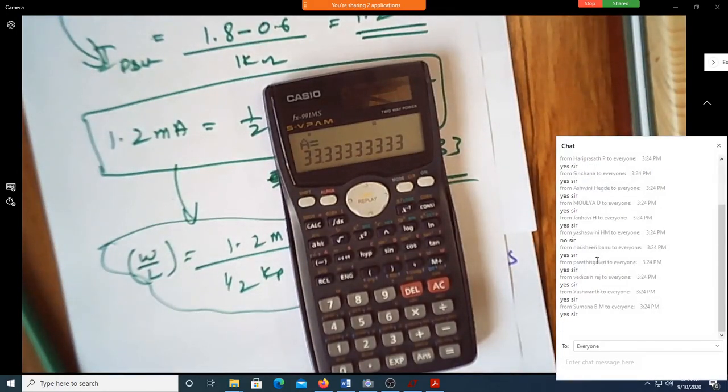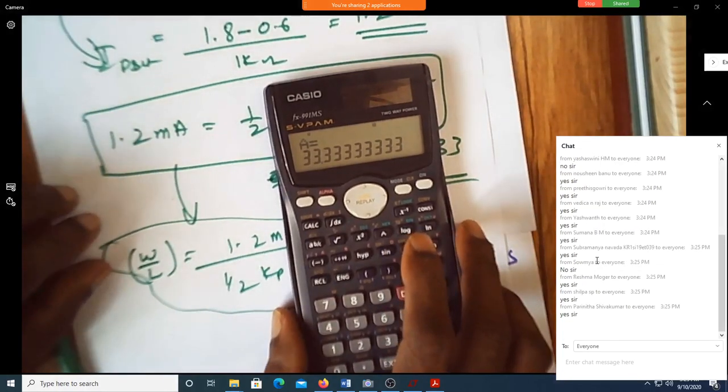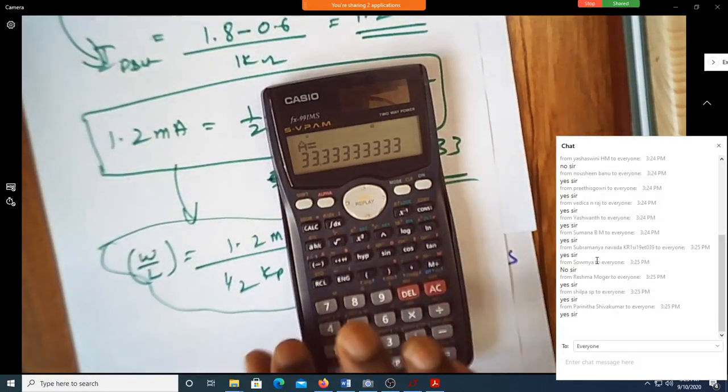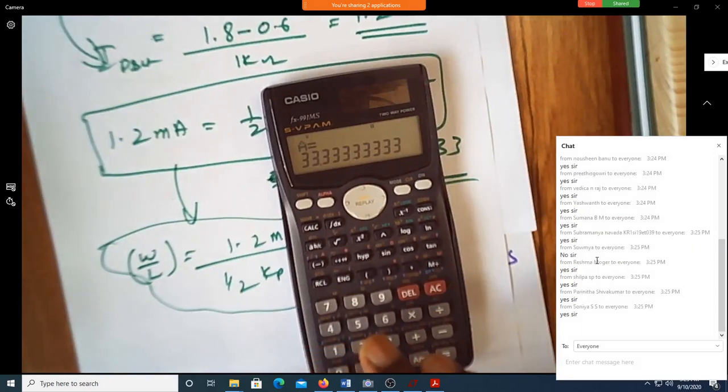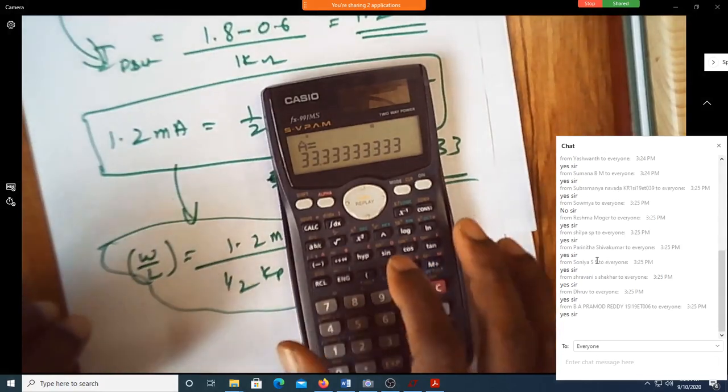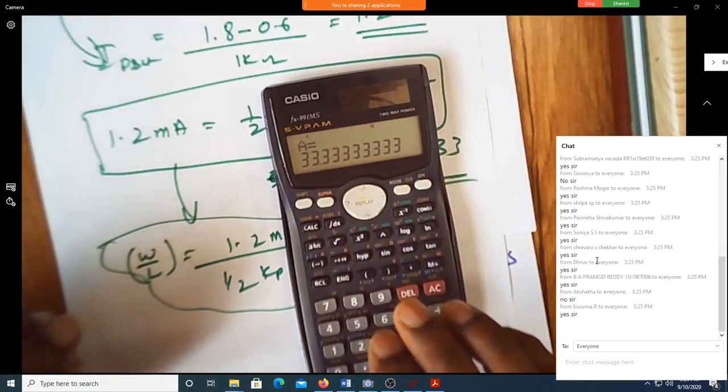Ayush Kumar says he didn't get it. Let me see what the problem is. One thing is that I don't know how to do it in the other calculator. There is one more type of calculator, and I don't know the number.